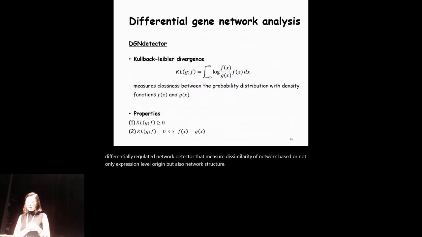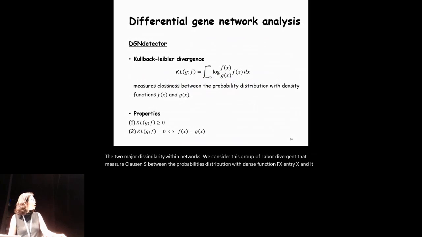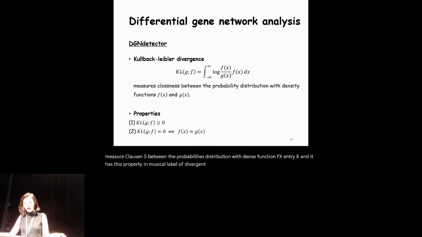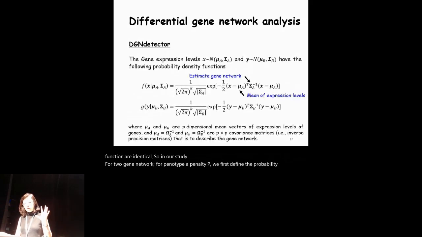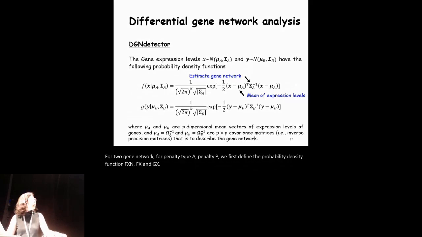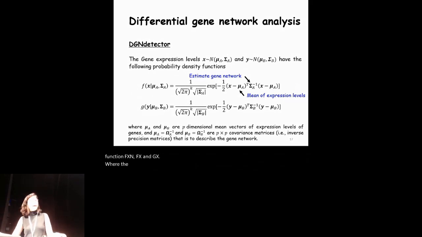So to measure dissimilarity of gene networks, we consider the Kullback-Leibler divergence that measures closeness between probability distributions with density functions f(x) and g(x). And it has this property. It means Kullback-Leibler divergence is always non-negative and is equal to 0 if the two density functions are identical. So in our study, for the two gene networks for phenotype A and phenotype B, we first define the probability density functions f(x) and g(x), where the variance-covariance matrices are estimated from the gene networks.